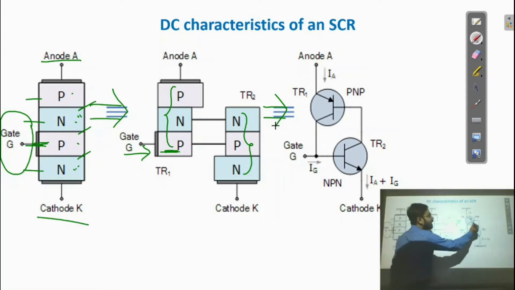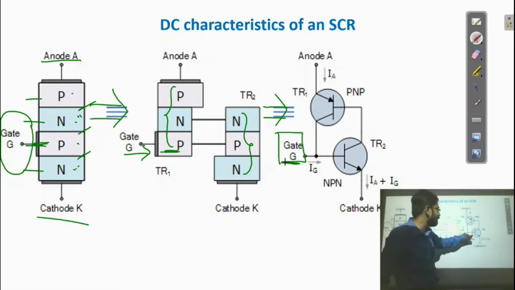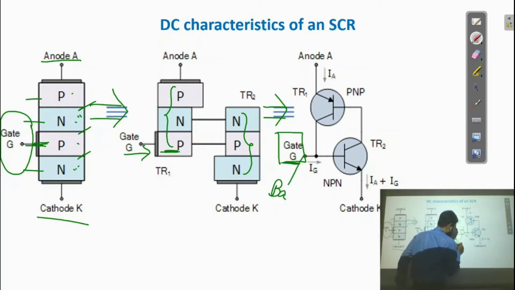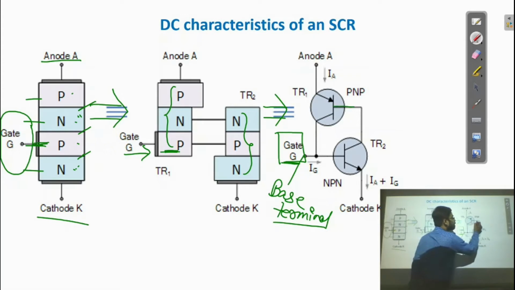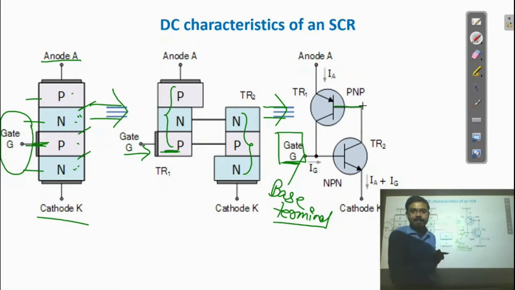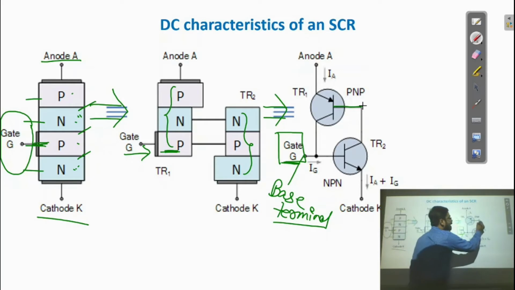Now you can see the gate is nothing but the base terminal of the NPN transistor, while the base of the PNP transistor is connected to the collector of the NPN transistor, right?